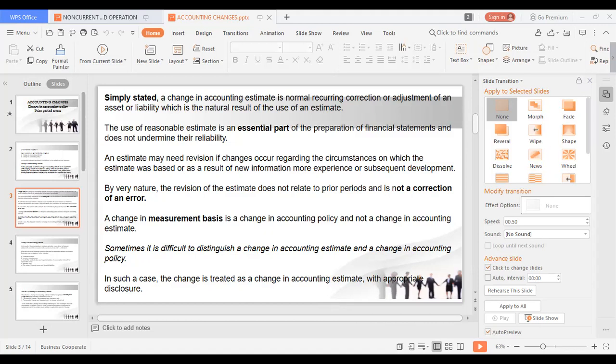Xavier Company purchased machinery on January 1, 2017 for 7.2 million. The machinery has a useful life of 10 years with no residual value and was depreciated using the straight line method. In 2020, a decision was made to change the depreciation method from straight line to sum of years digits.